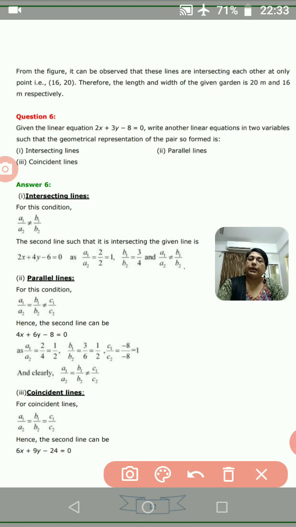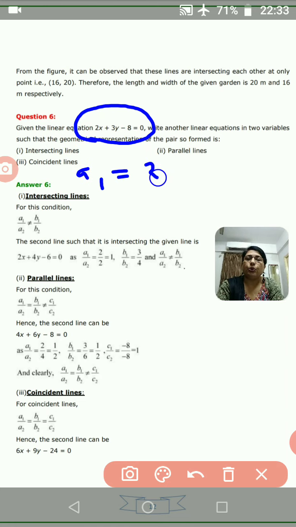So here, as this equation is 2x plus 3y minus 8, we can write a1 is 2, b1 is 3 and c1 is minus 8.